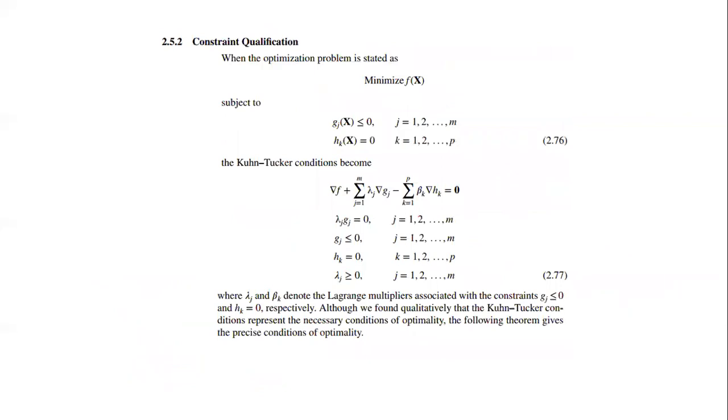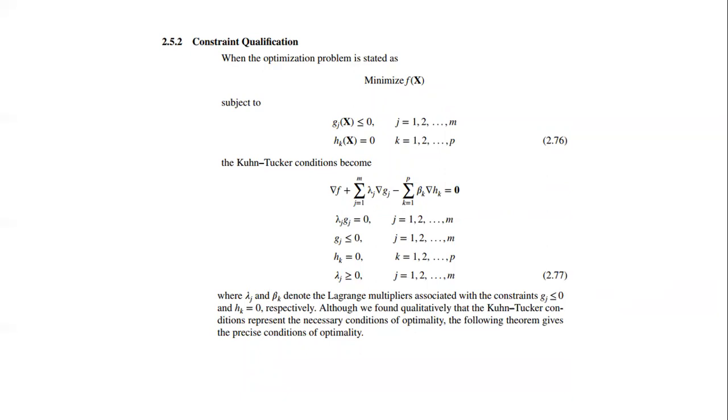Okay, next thing is constraint qualification. If you have an optimization problem that minimizes, and most of them are usually considered minimization problems, but if it is maximization, just reverse the procedure.